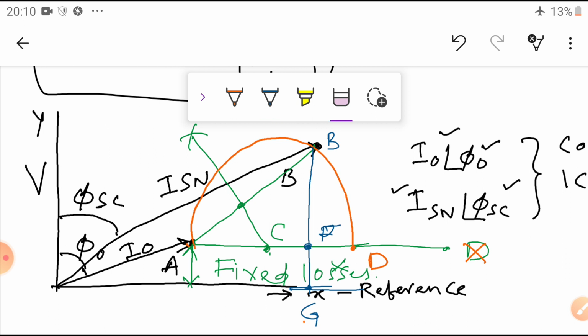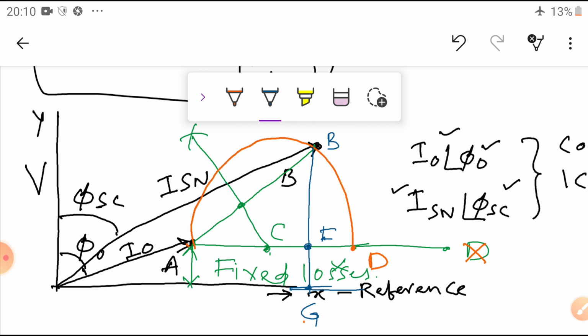Now BG is the total power input, that is called the total losses supplied. Under blocked rotor conditions at rated voltage, the power input is equal to BG. The rotor is blocked, it is unable to rotate.